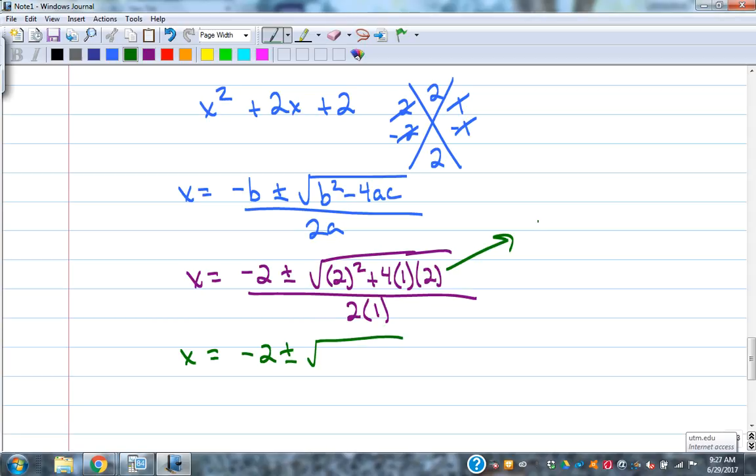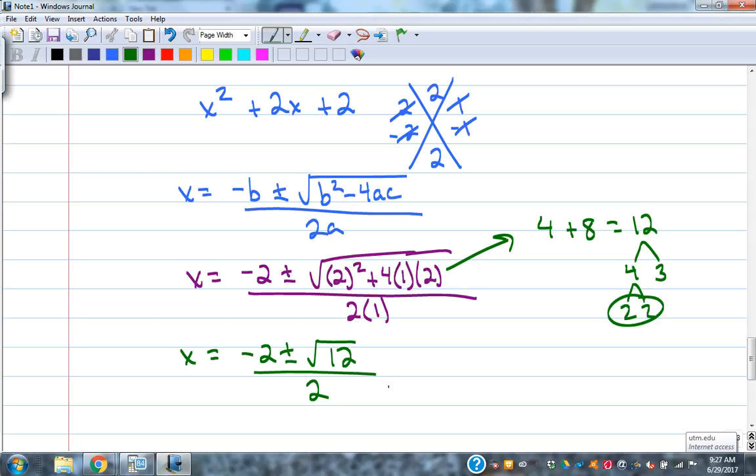So this right here would be 4 plus 8, which is 12. So we got the square root of 12 there over 2. Well, I'm going to break 12 down. 4 and 3. Got a pair of 2's. So I have negative 2 plus or minus 2 square root of 3 over 2.